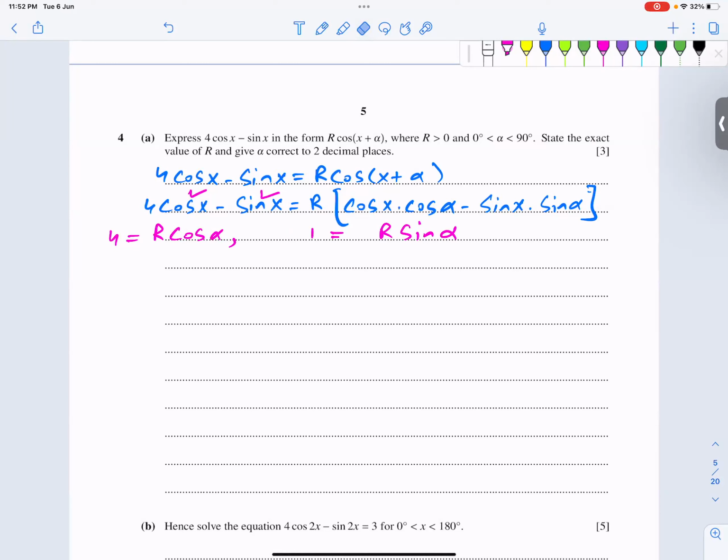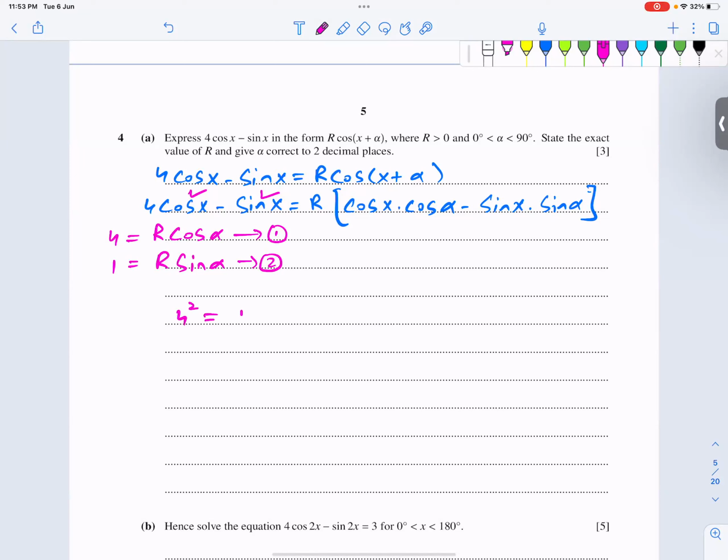So 1 is equal to r sine of alpha. These are two very important equations, because we have solved these types of equations in mechanics as well, in the forces and equilibrium chapter. Call them 1 and 2. Now you will find r and alpha from these equations.